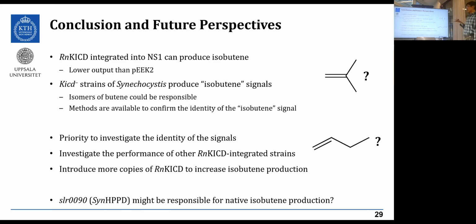And lastly, if it's confirmed that Synechocystis can produce isobutene natively, maybe we can investigate the possibility of the Synechocystis HPPD producing isobutene natively. Okay, so yeah, that's my presentation.